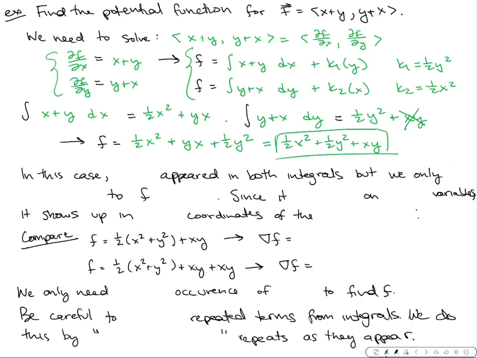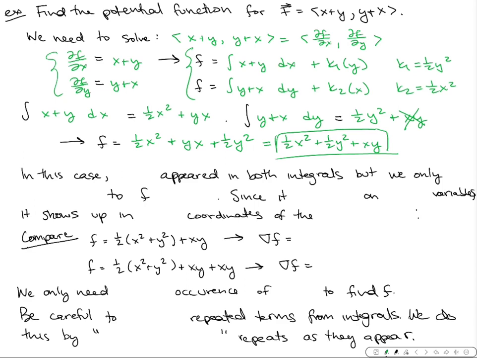It doesn't show up when you take derivatives with respect to y, and it doesn't show up when you integrate those derivatives with respect to y. And same with 1/2 y squared for derivatives and integrals with respect to x. But, for example, for our x variable, 1/2 x squared and yx both show up in the integral and show up in the final f.